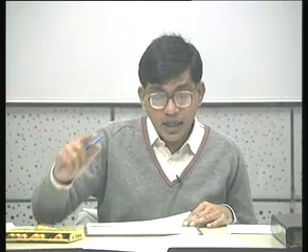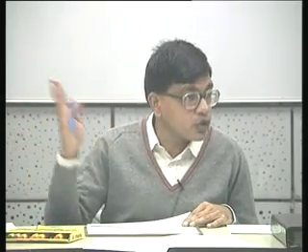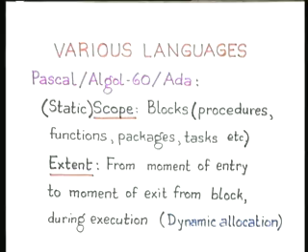And if you enter and exit the block several times, then they are all different lifetimes, and for the same identifier, no two lifetimes have any relationship, and that is because of your dynamic allocation.